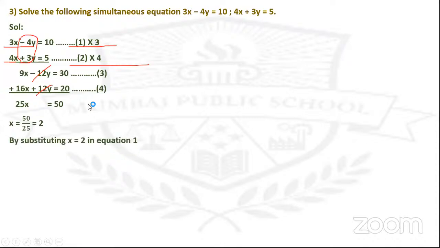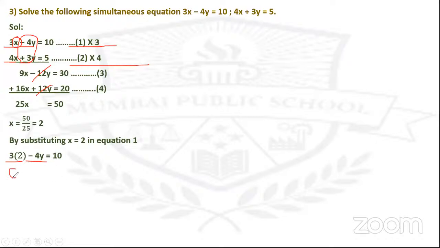By substituting x equals 2 in equation 1, you'll get 3 into 2. In place of x, you replace x with 2. Minus 4y will come as it is, equals 10 will come as it is.